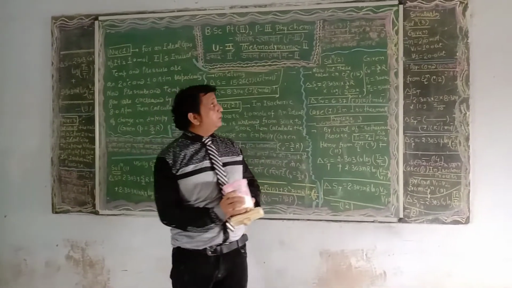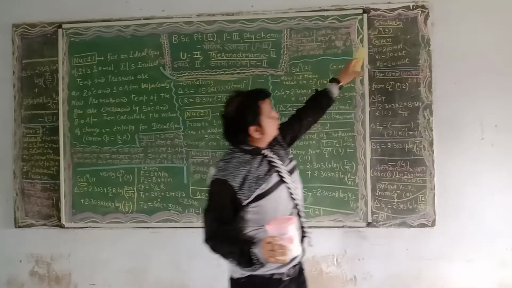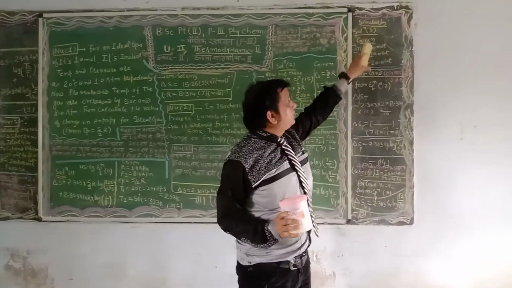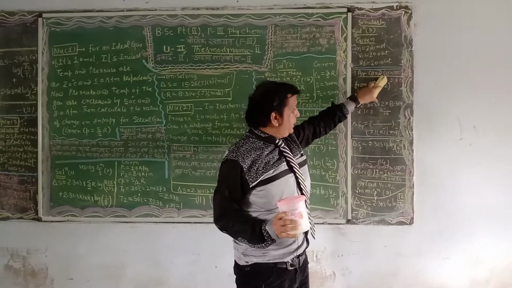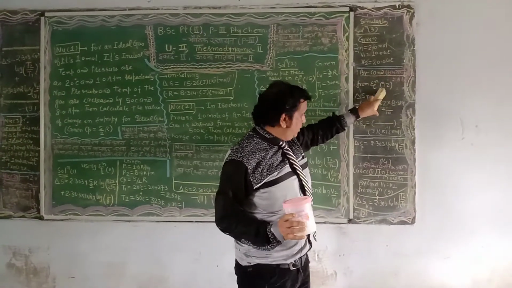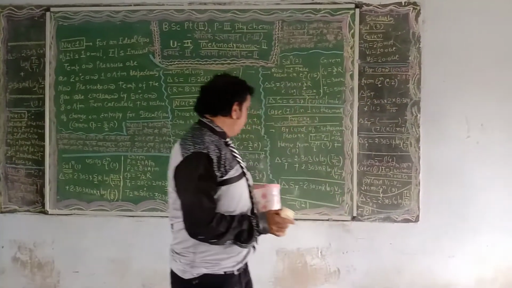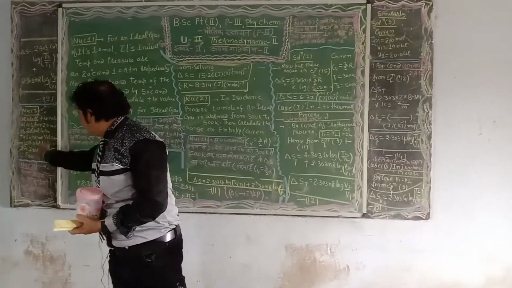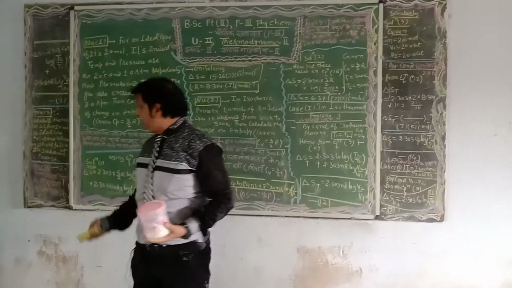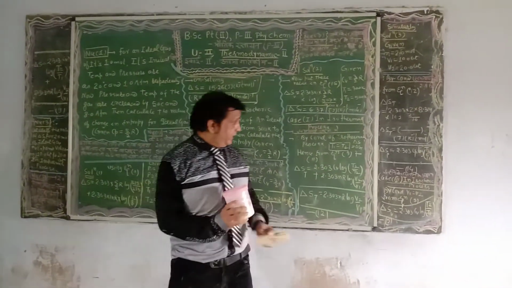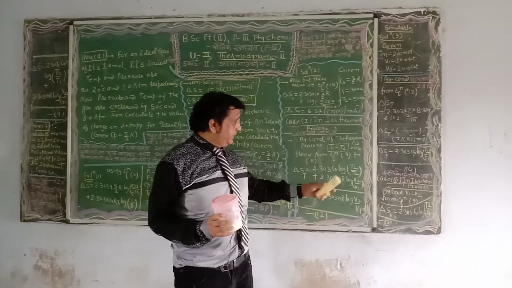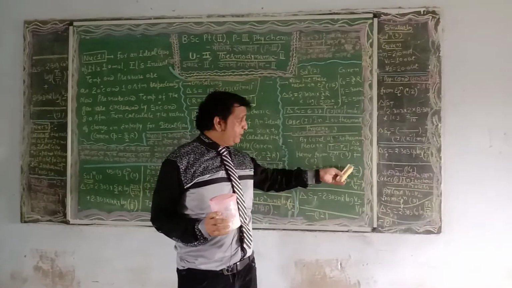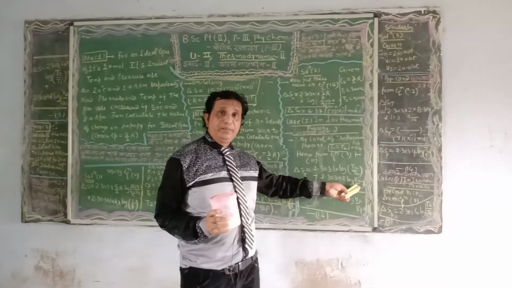Dear students, let us solve numerical number 3 by the condition of an isothermal process. By this condition, equation number 12 will be applicable here. In an isothermal process, del S is the combined form, the change in entropy with respect to temperature and volume.